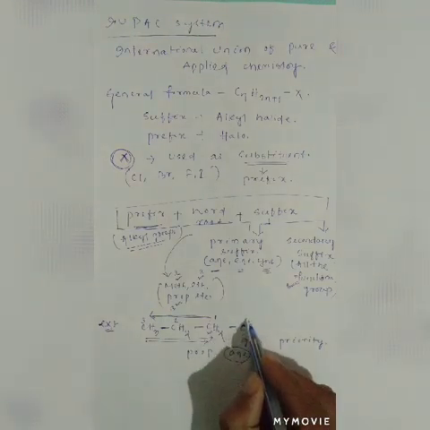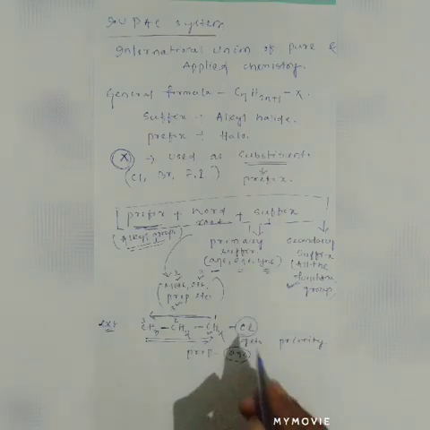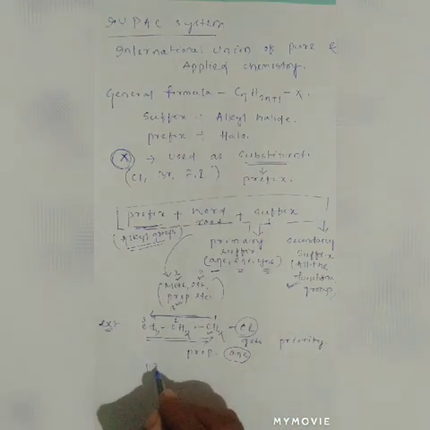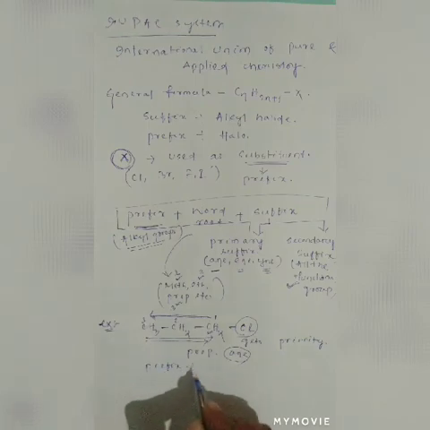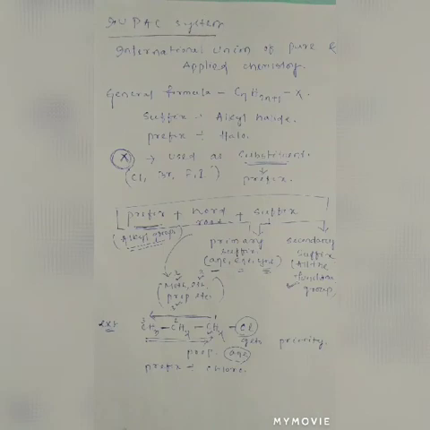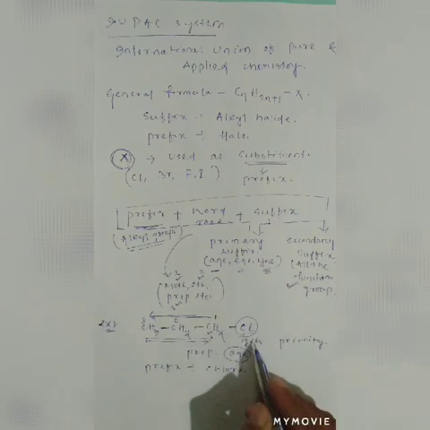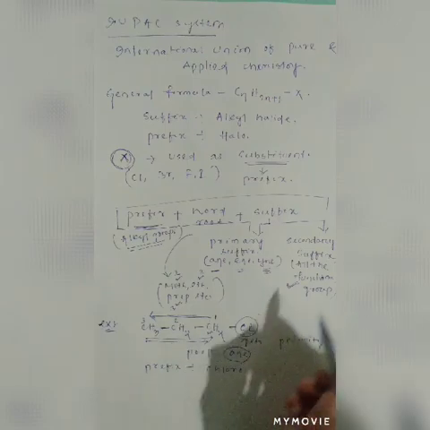Now there is a chlorine group, a halogen group, named as a prefix, chloro. If we name according to the suffix, then it is chloride, and alkyl chloride is named as a suffix.